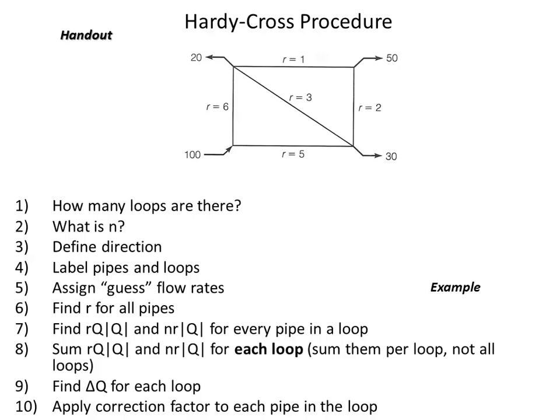Okay, so we've come up with our initial flow balance, and so we've got our guess flow rates, we've got R values. Now there's this process of finding R, Q, absolute value of Q, and nRQ for every pipe in the loop and each loop. And so I've just given you a paper here. So in iteration 1, let me put on the board here and you can follow along.